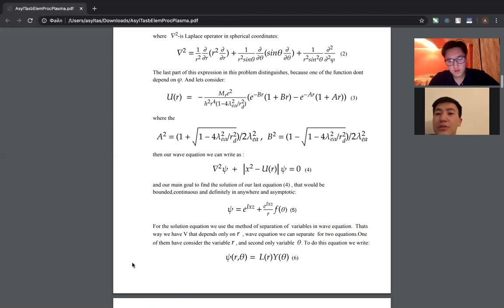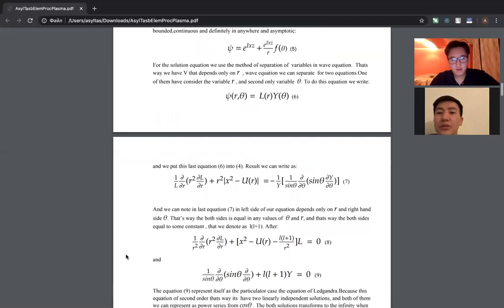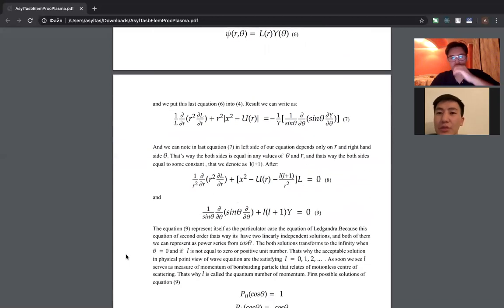To do this, we write the formula as in 6 and put it into the last equation, 6 into 4, and the result is written like this.